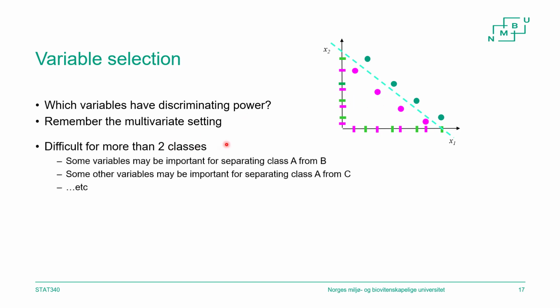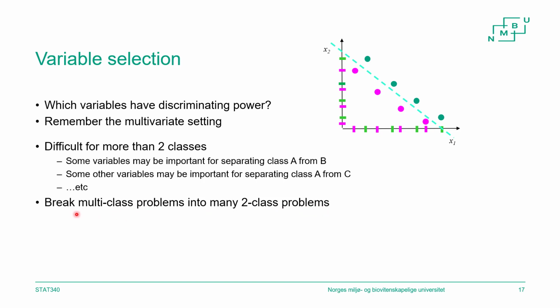This is quite difficult for more than two classes, because some variables may be important for separating, for instance, class A from B, but some other variables may be important for separating class A from C. So it's not really straightforward to find the variables that are important for all classes. So what we may do here is to break this into many two-class problems.